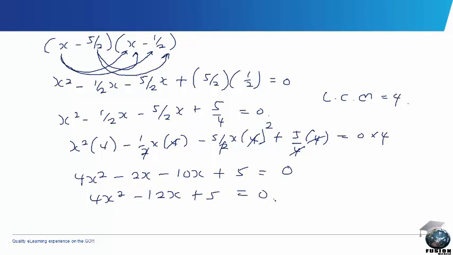Okay, so sometimes you try to factorize the value you have here to see whether you can get back to the factors that you've been given as 5 over 2 and 1 over 2. So this is the equation that when you factorize it, it gives you these roots.